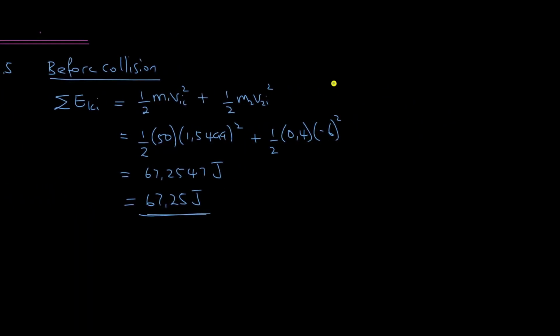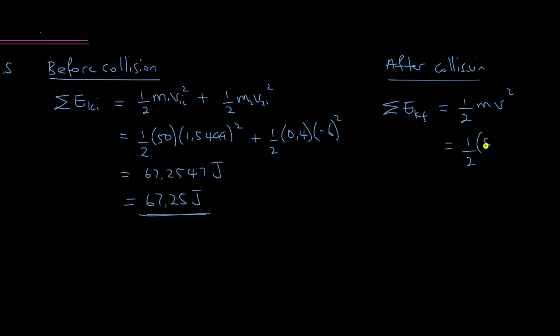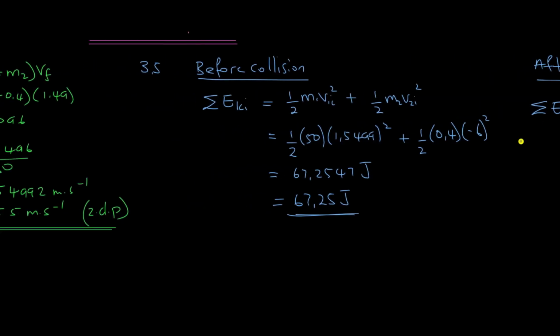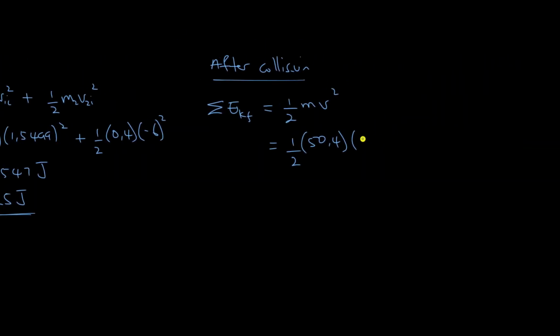And then I have to look for after the collision has occurred. So after collision, the sum of the EK final is going to be equal to 1 over 2 mv squared. Now they're moving as a single unit, so I need to add the masses. So the combined mass is 50.4 multiplied by the final velocity, which is 1.49, squared.